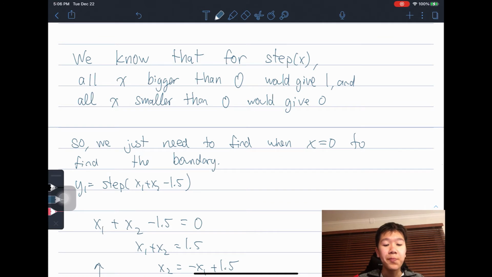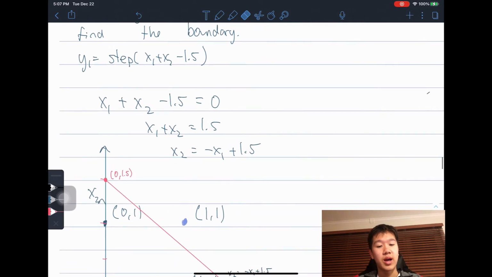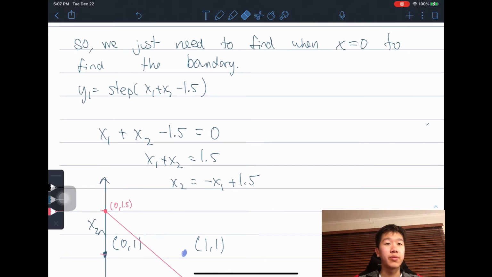Alright, so we just need to find when x is equal to 0 in our neural network to find the boundary, because as soon as you move from that boundary, on top it's either going to be all zeros or all ones, and below it's the opposite. So we have y1 is equal to step of x1 plus x2 minus 1.5.